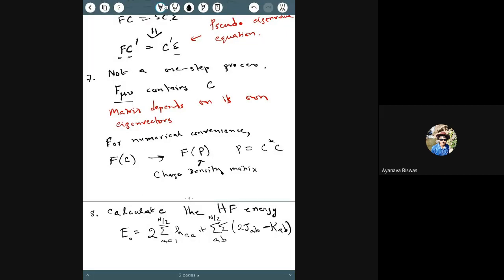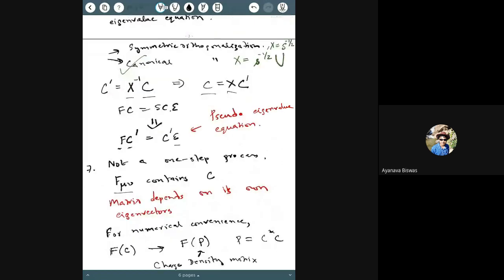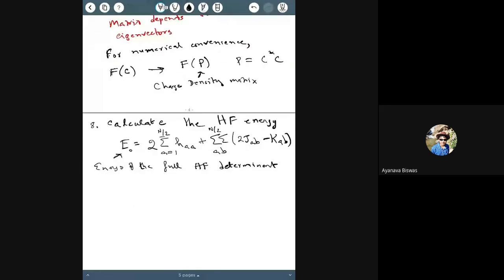So this is the energy of the full Hartree-Fock determinant. While you are doing this procedure, the energies that you get are the energies of the individual spin orbitals. You are not getting the energy of the full determinant.